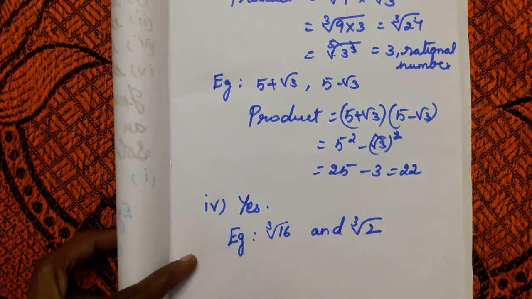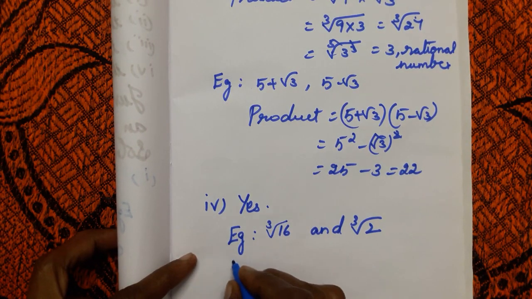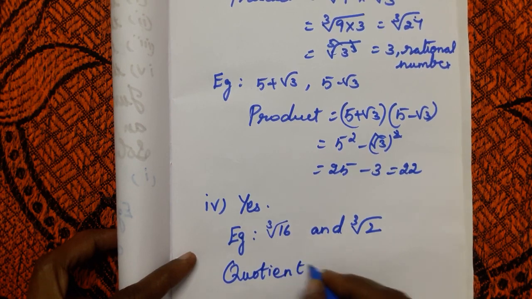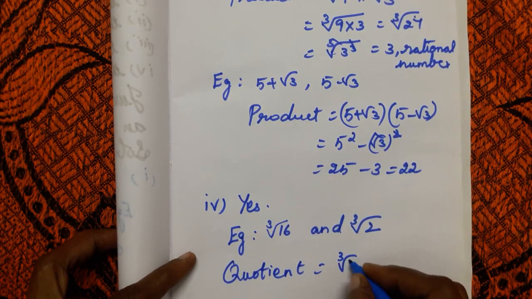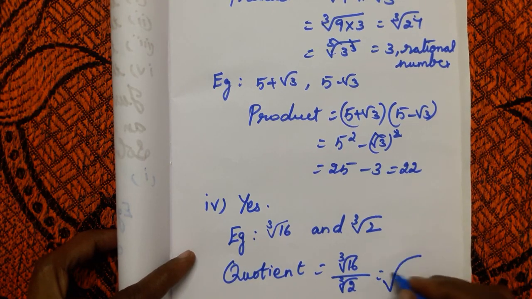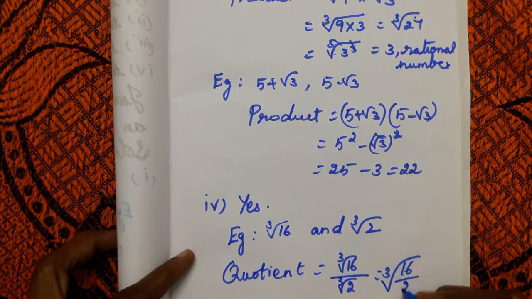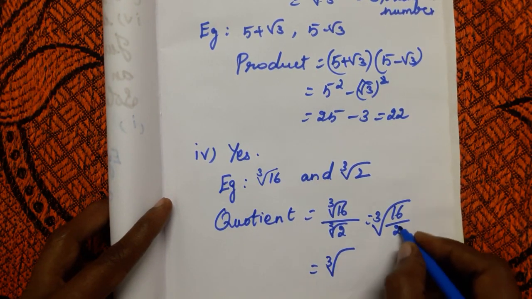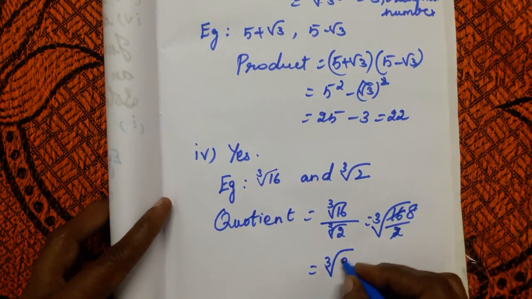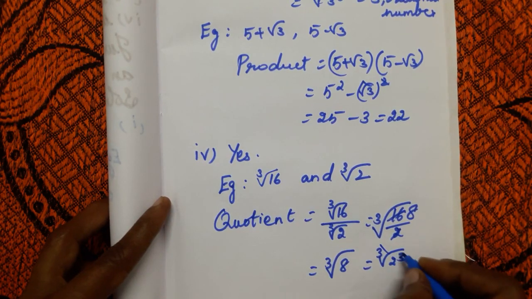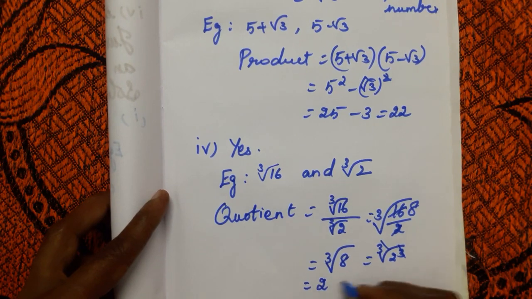When we are finding the quotient, what are we getting? Quotient is equal to cube root of 16 by cube root of 2, which is equal to cube root of 16 by 2, which is equal to cube root of 8, which is equal to cube root of 2 cube, which is equal to 2. It is a rational number.